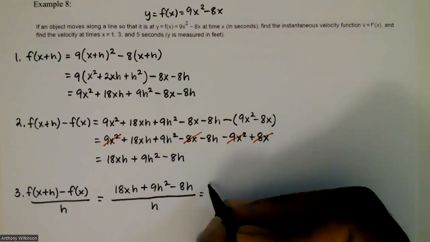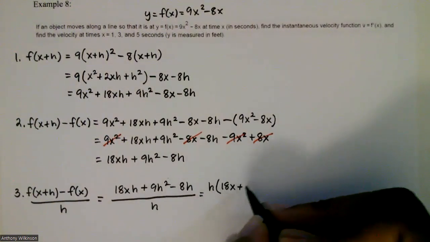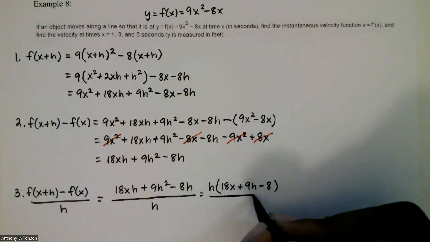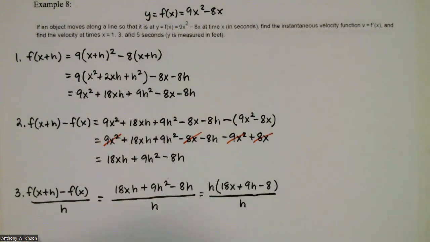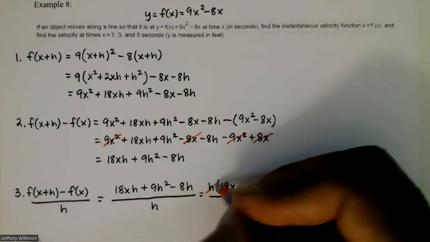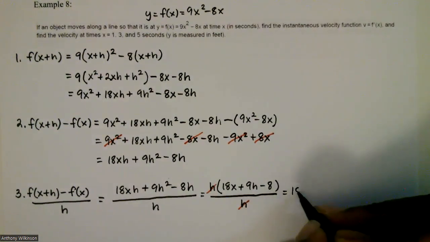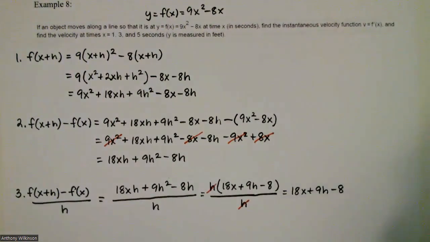If we factor out the h, you'll have just 18x plus 9h minus 8, all that's divided by h. These h's divide out. You'll be left with 18x plus 9h minus 8.